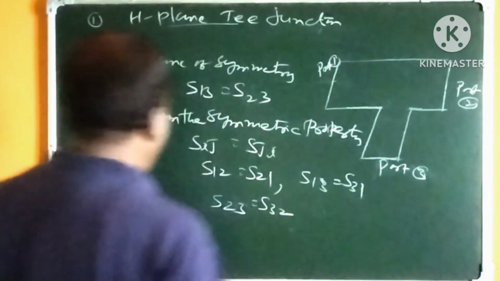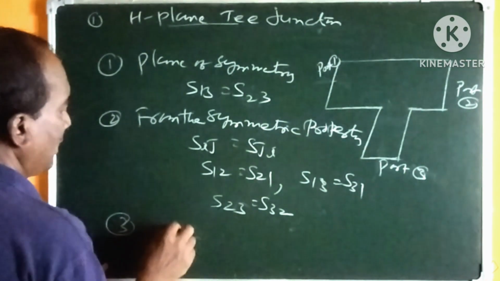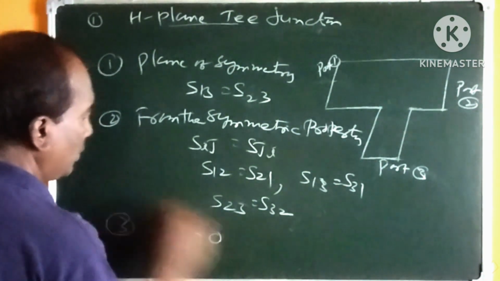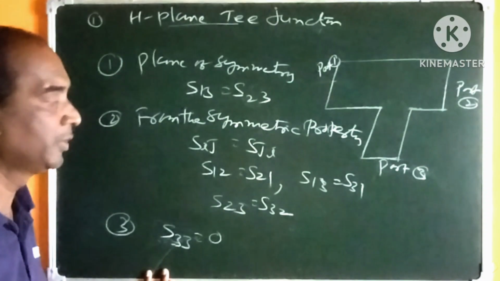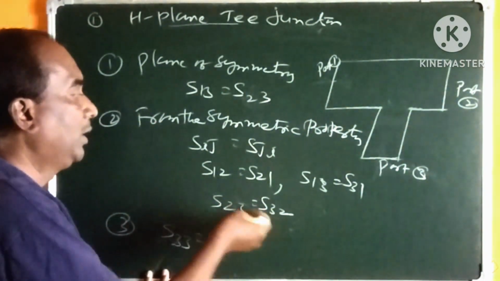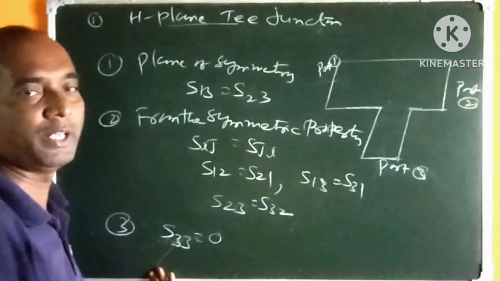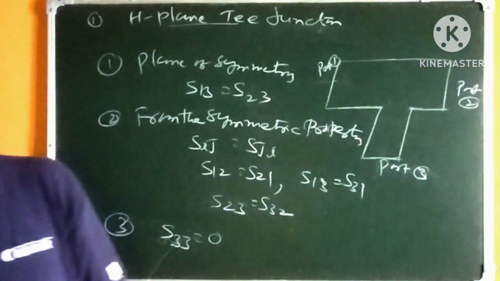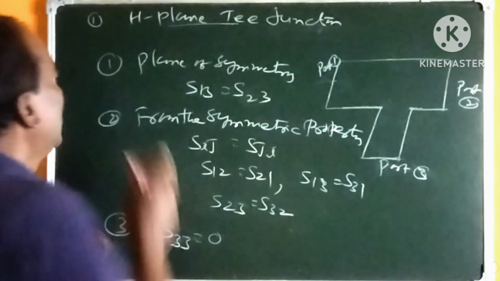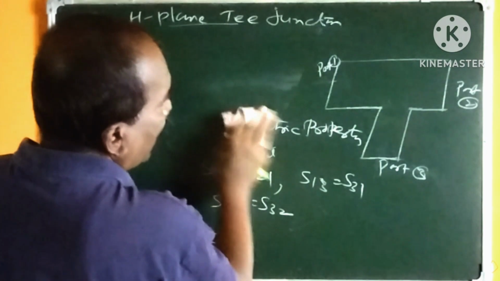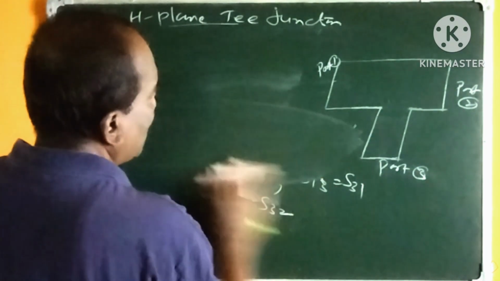When it is perfectly matched with the junction, S33 equal to 0. Now we will substitute these values in the S matrix, and we can have the modified S matrix of this H plane T junction.